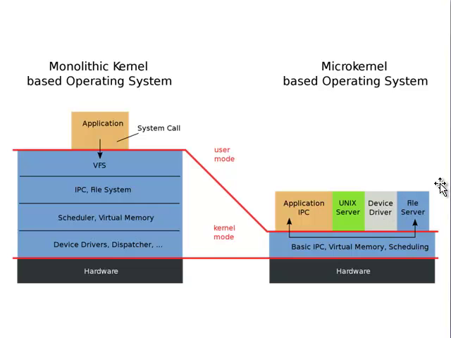And even the file system itself, a file server, is a part of the operating system, but it runs in the user mode. What this is doing really is separating out some of the programs so that they don't have direct access to the hardware APIs and to the communication of the operating system itself.